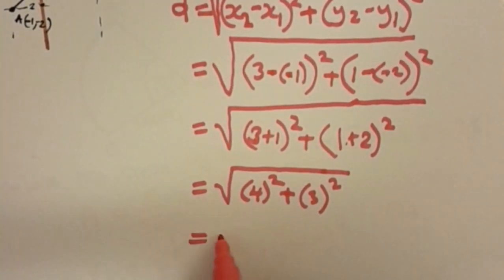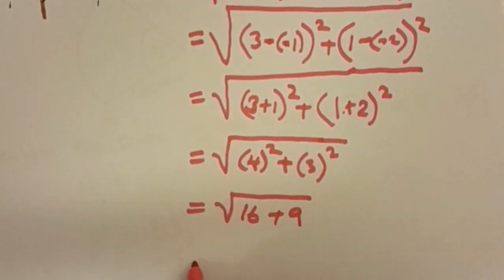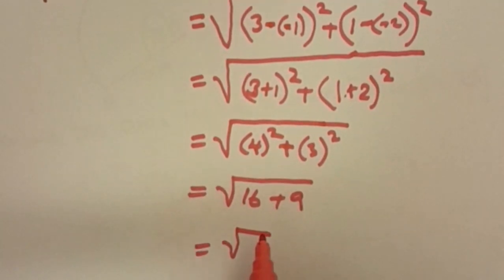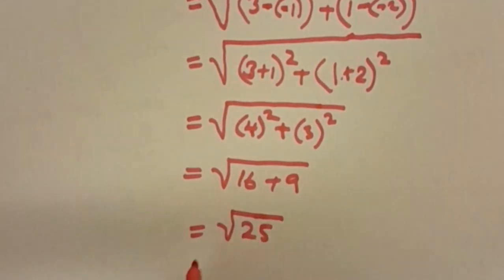Okay, so 4 squared is 16 plus 3 squared is 9. So 16 plus 9 is 25. So we have the square root of 25. Now what is the square root of 25? Square root of 25 is 5.